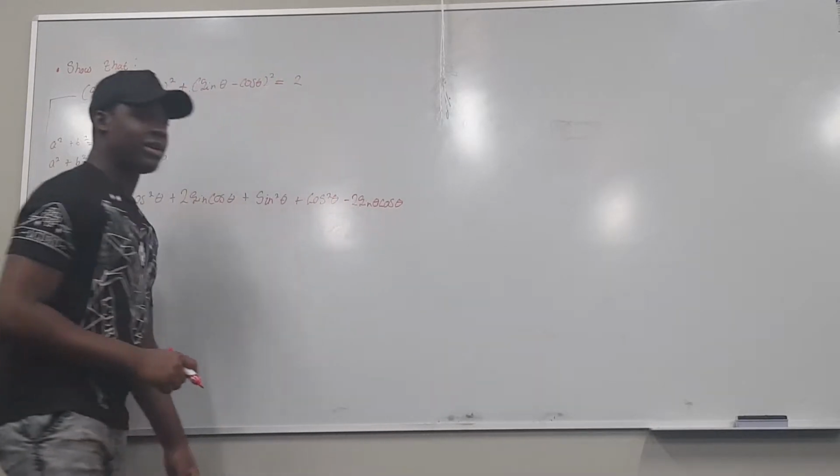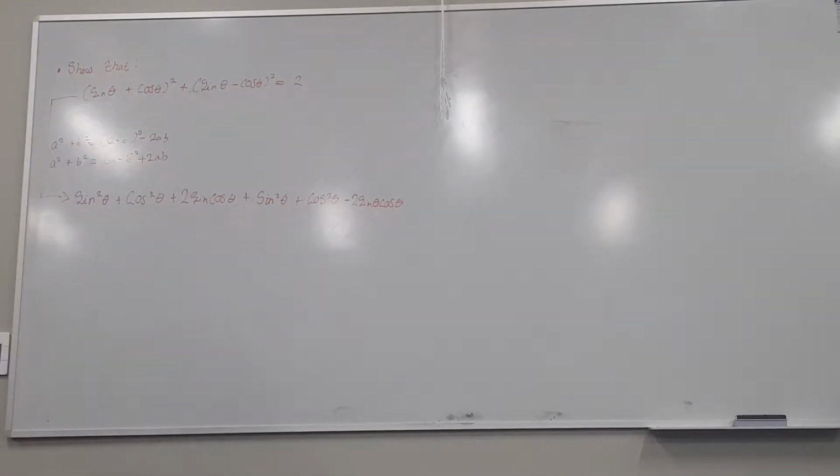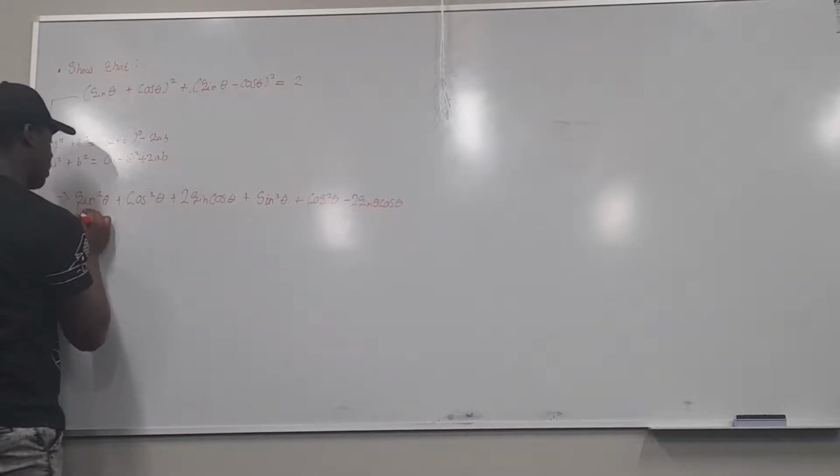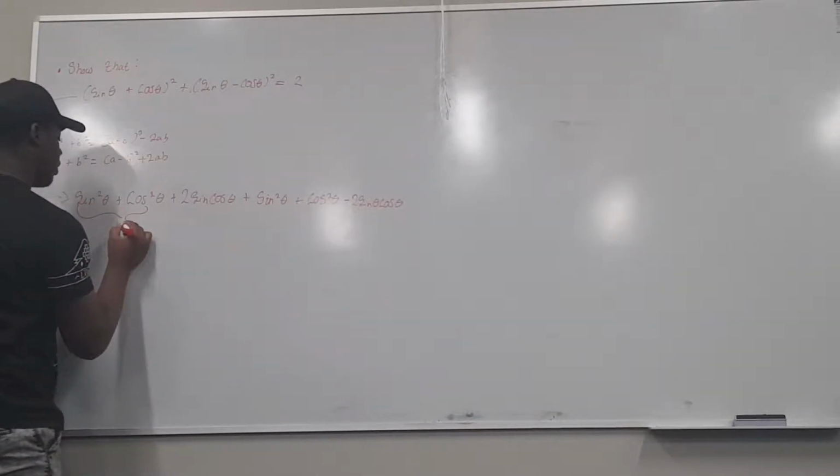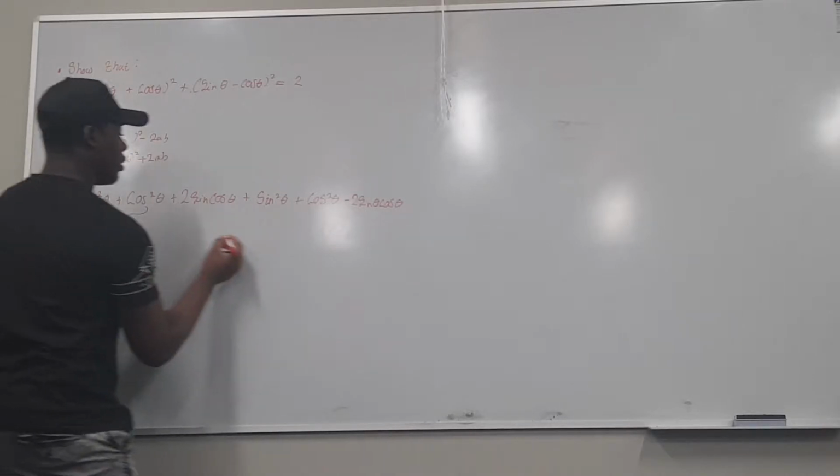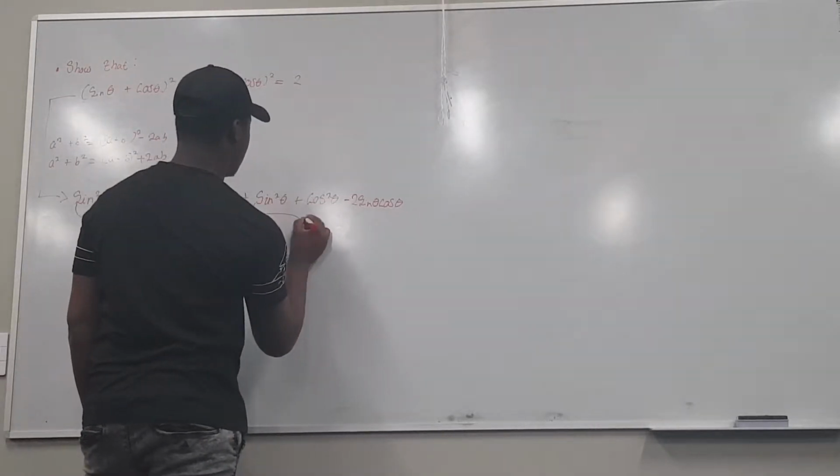Okay, at this point I have to look at my camera resolution to see how far I can write. It's okay actually, it's all good. If we simplify, we already know what this identity is. This turns out to be 1, and this turns out to be 1.